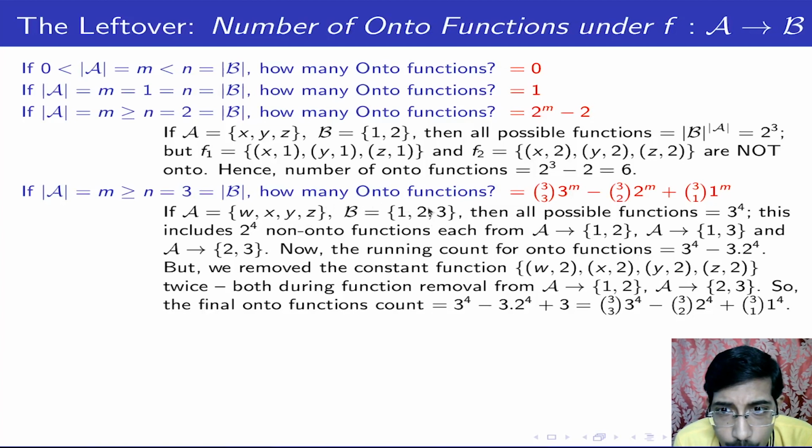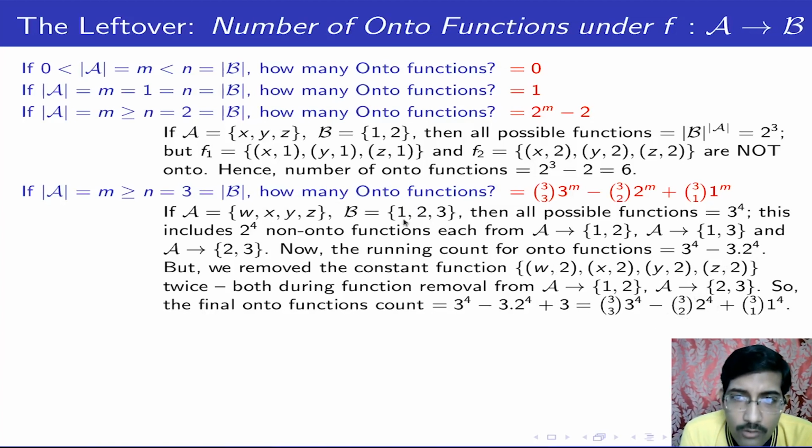Among them we are removing 2 element subset domains. So how many 2 element subsets can be made from 3 elements? 3C2. So we are removing 3C2 into 2 to the power 4, because a 2 element subset codomain from 4 elements gives 2 to the power 4 functions.